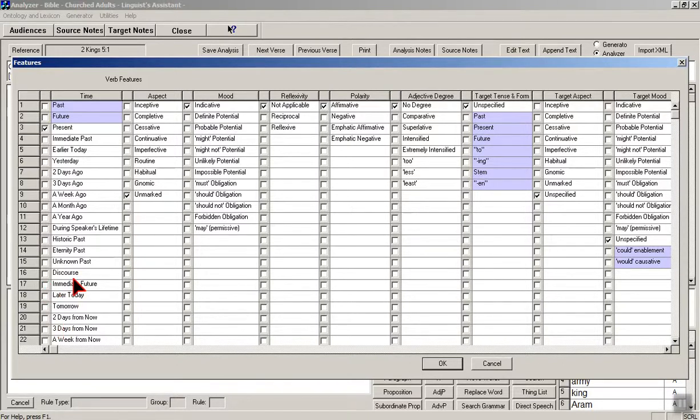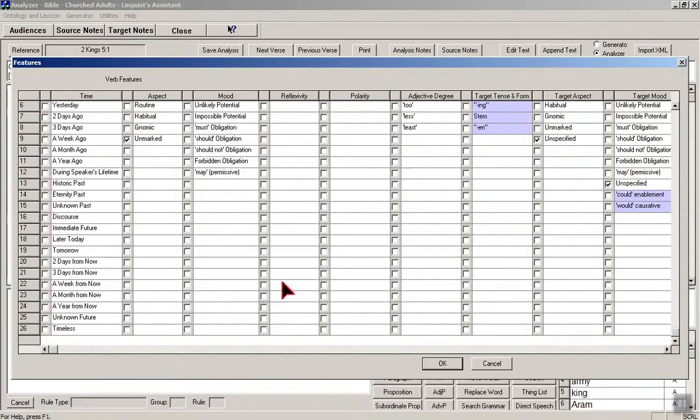Then there are various types of past or future. So early, you can say immediate past, earlier today, yesterday, 2 days ago. And there are similar choices for future. One that I use sometimes is unknown future. That's when it's kind of in the distant future.